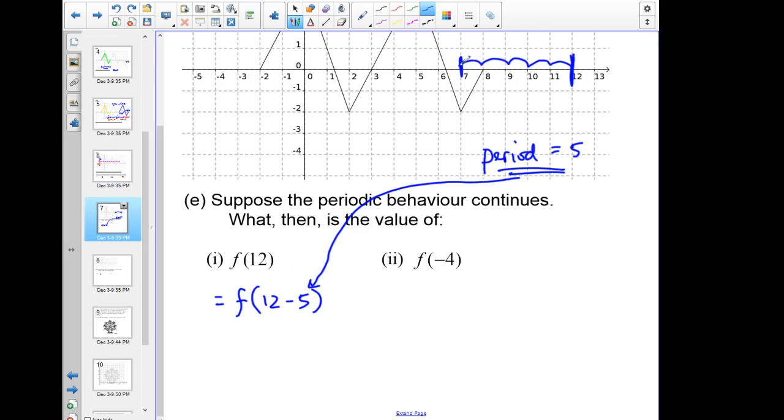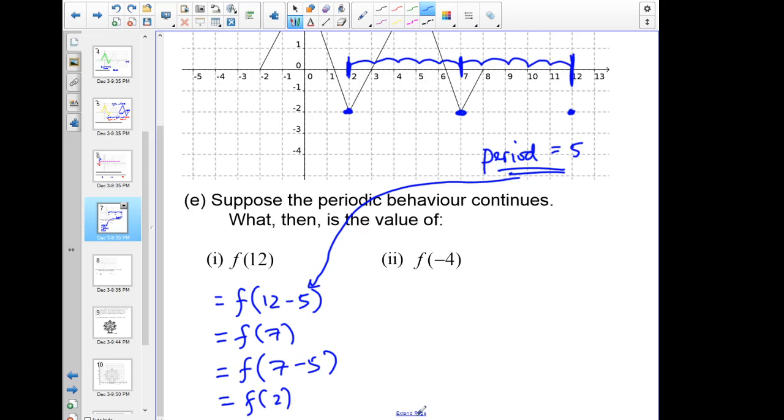So for example, from this 7, if I step back another 5 steps, not surprisingly, those values should all be the same. And so f of 12 is the same as f of 12 minus 5, which is f of 7. But we could also say that's the same as f of 7 minus 5, again, focusing on the period there, which is f of 2.